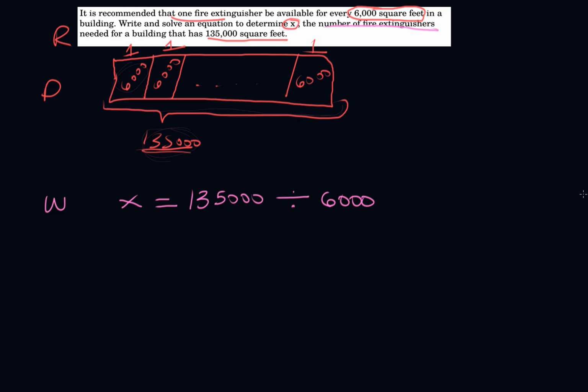So let's go off to the side and divide. First number, where does that go? Inside of the house. And where does our 6,000 go? On the doorstep. So does 6,000 go into 1? No. 6,000 go into 3? 13?